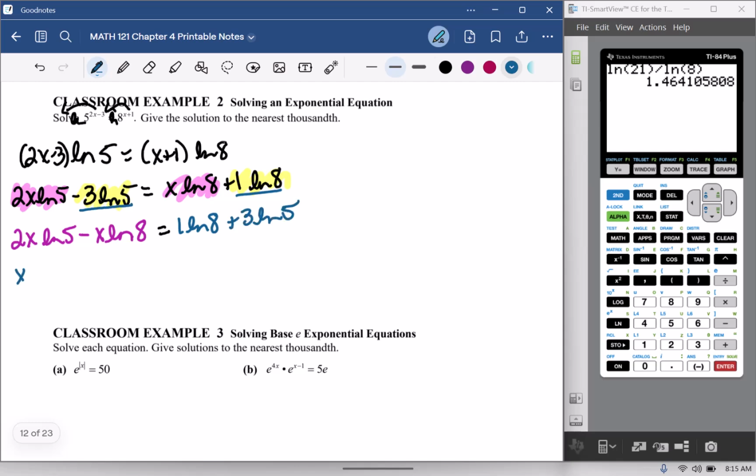Now I'm going to factor out my x. 2 ln of 5 minus ln of 8. And then just bring this side down, ln of 8 plus 3 ln of 5, and then divide.